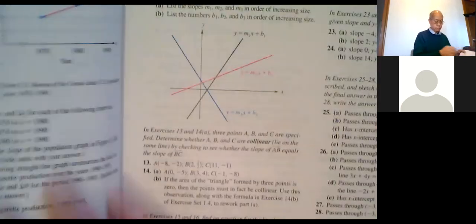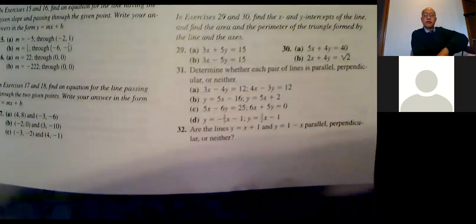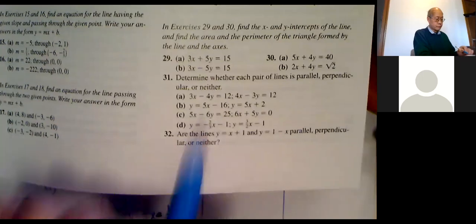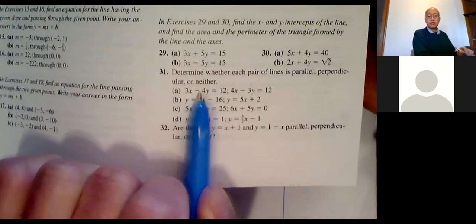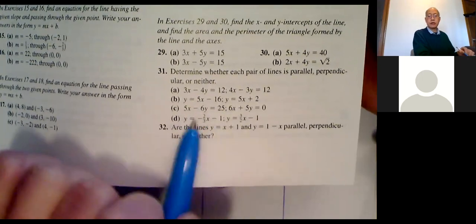Okay, so how do you do that? So 31. Notice they give you the equations of two lines. One line, another line, and so on.